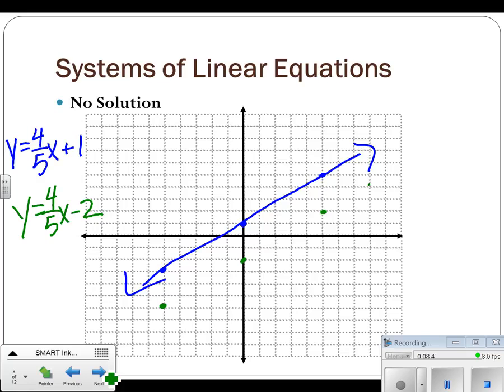You can see here they have the same slope, so they are parallel because they have different y-intercepts. They will never cross. They don't have anything in common. When you have a system and there's nothing in common, that's no solution. Remember, we're looking for what they have in common.